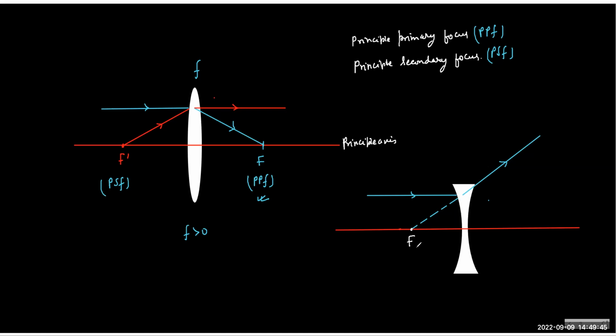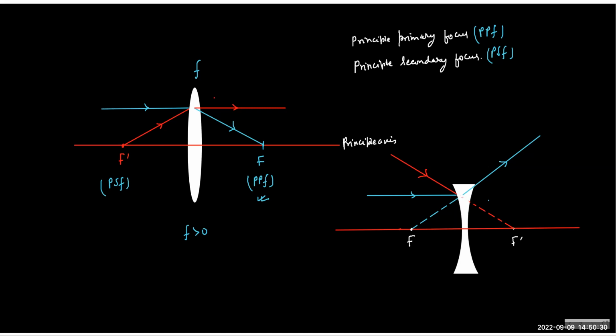Similarly, how do we understand the principal secondary focus in the case of a concave lens? So, if an incident ray is directed towards this point, if an incident beam is directed like this, it is not actually coming in, it is directed.